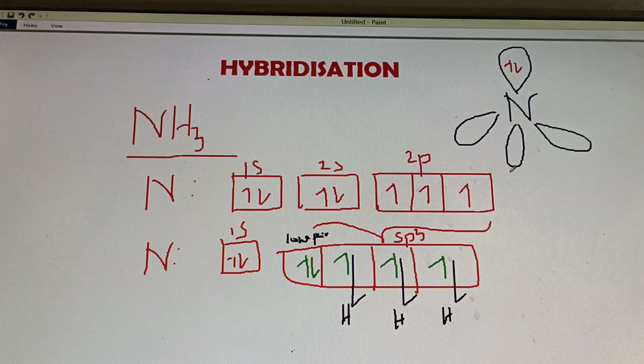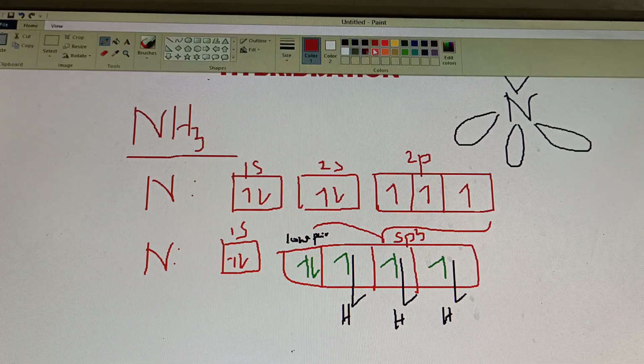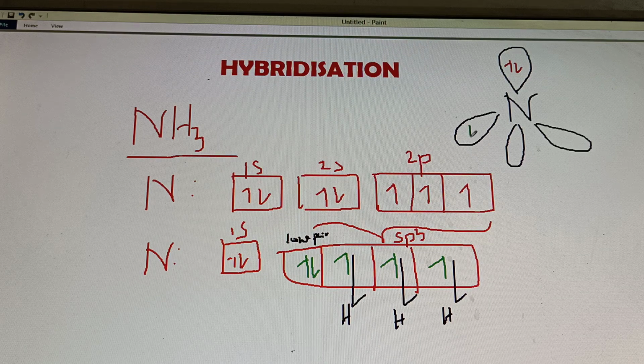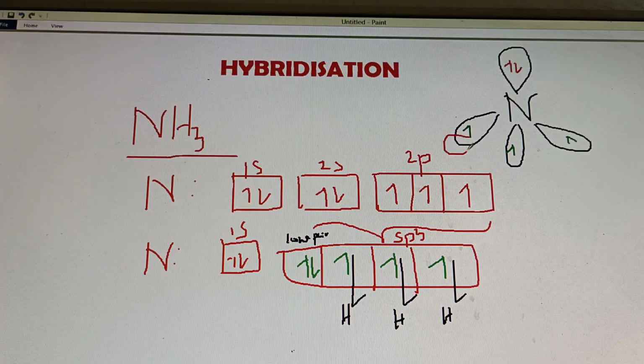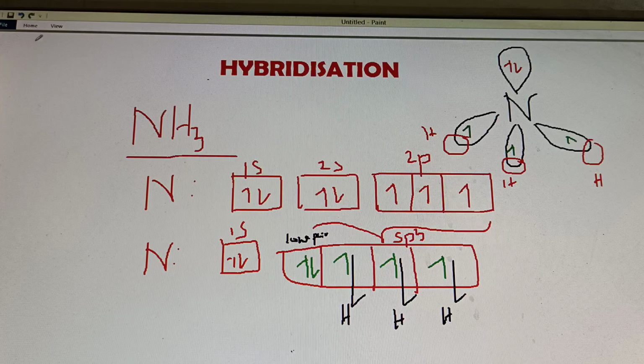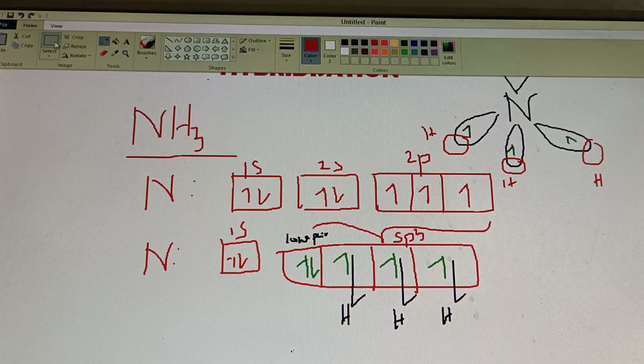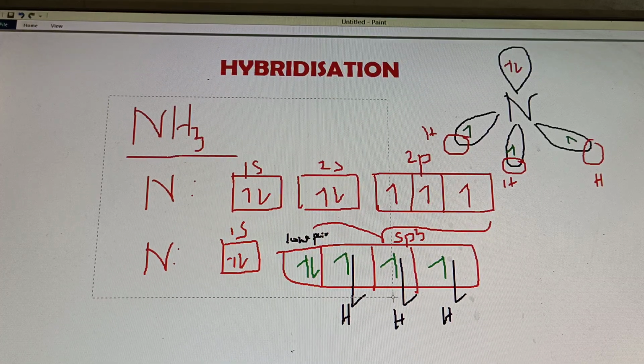In the other three, there is one unpaired electron each. These unpaired electrons will be paired by the 1s of three hydrogens, and the lone pair resides on the nitrogen atom. So we can write the structure.